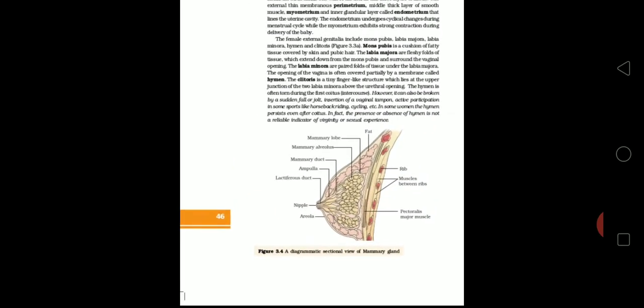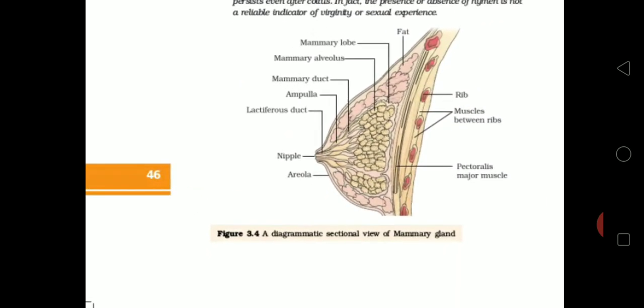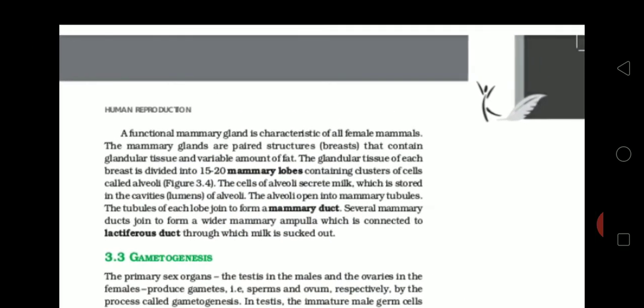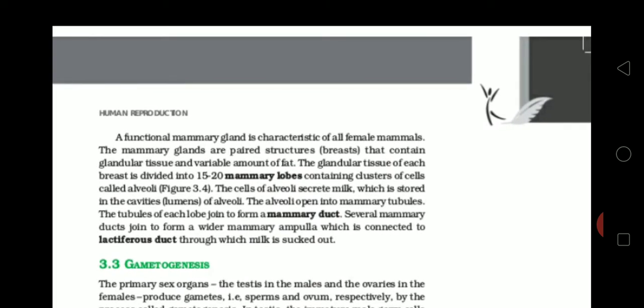Now you can see the structure of mammary gland. You can see here. You have to draw these diagrams into your notebooks also. A functional mammary gland is a characteristic of all females. The mammary glands are paired structures that contain glandular tissue and variable amount of fat. The glandular tissue of each breast is divided into 15 to 20 mammary lobes.